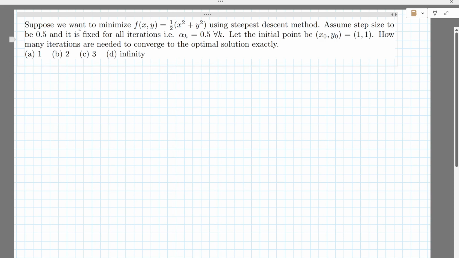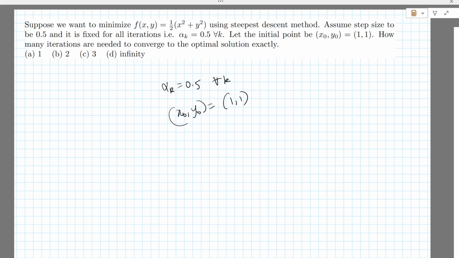We have some function. We are minimizing using steepest descent with alpha_k equal to 0.5^k.